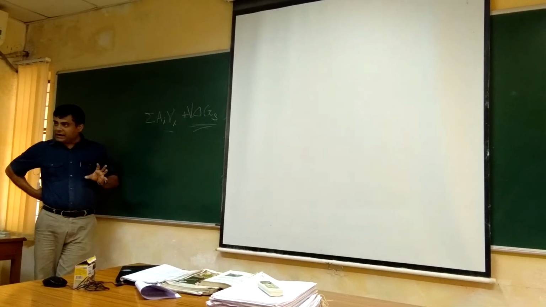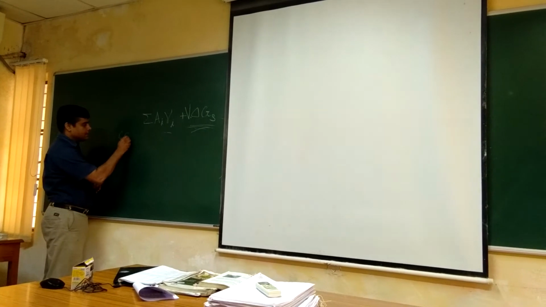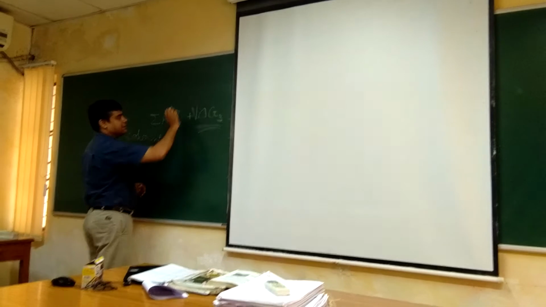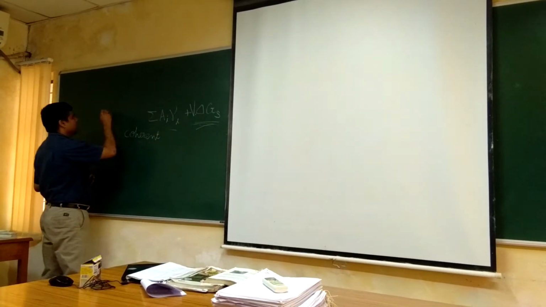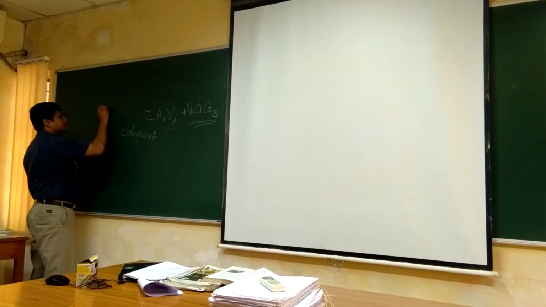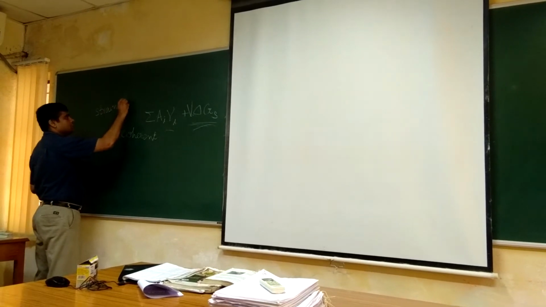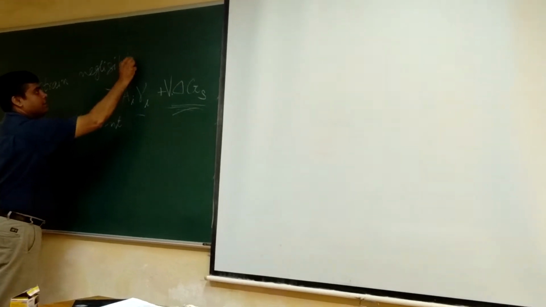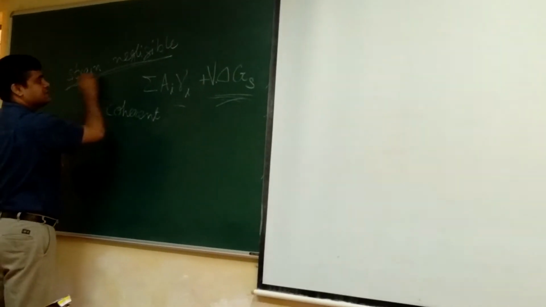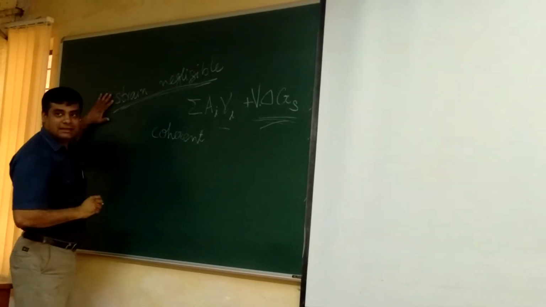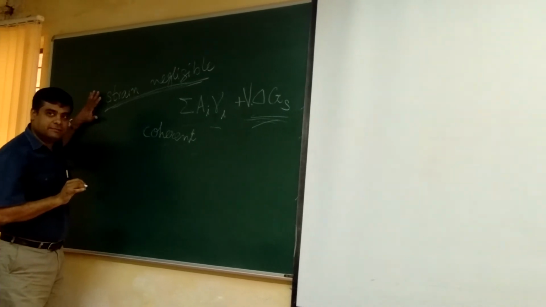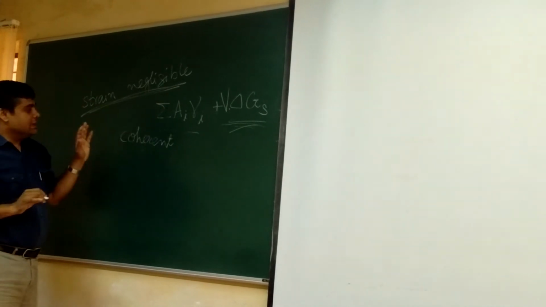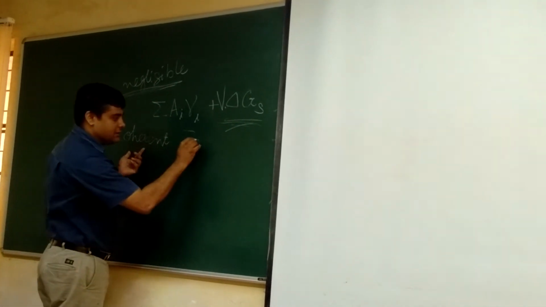So if it is a coherent precipitate, first let us consider our strain is negligible. We are talking about a solid state transformation, and if strain is negligible in comparison to your interfacial energy, then if it is coherent, it will be spherical.